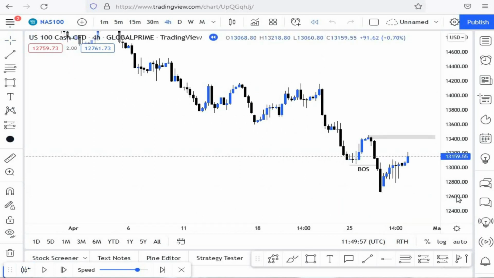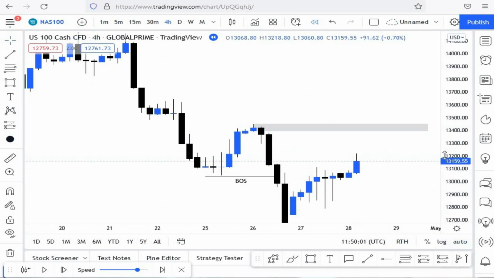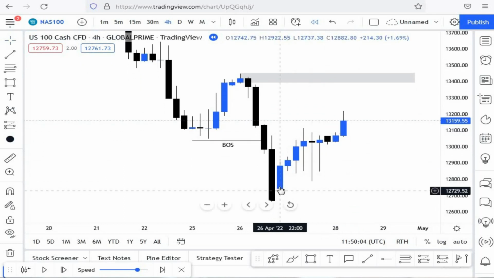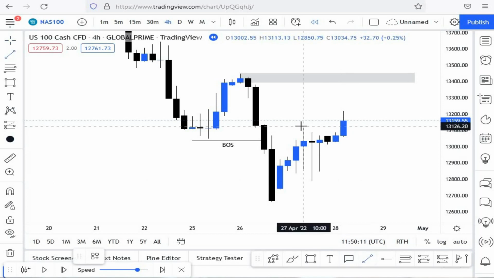Okay, so as you can see guys, what I want you to see is that we had a rally, base rally, meaning this was a break of structure here.